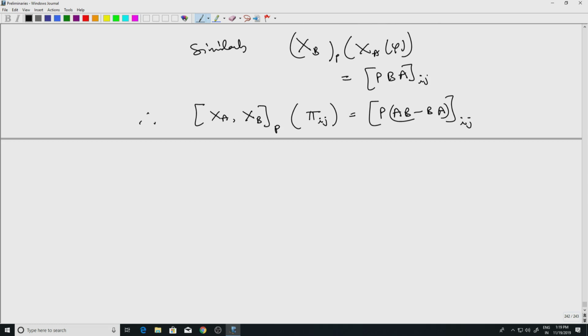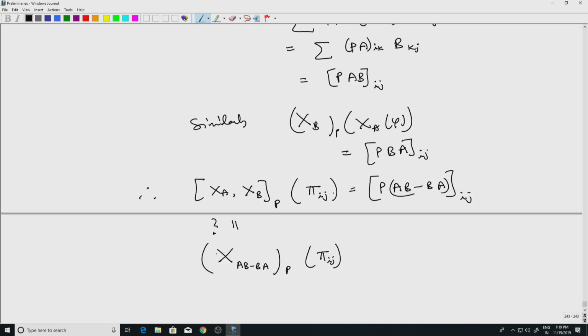What we wanted to say is that we want this to be actually equal to, I'll put a question mark here, is it the same thing as, we wanted to claim that this is the same as the left invariant vector field corresponding to the matrix product X_{AB-BA} at p acting on pi_ij, because that's the statement.